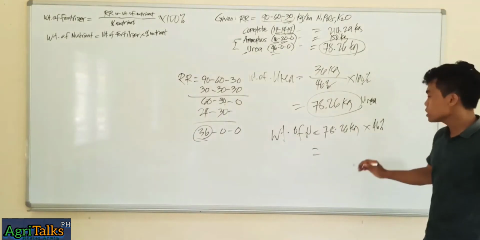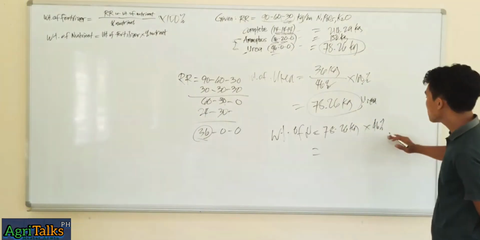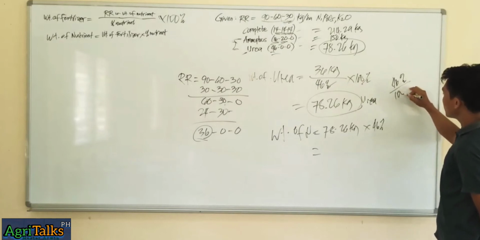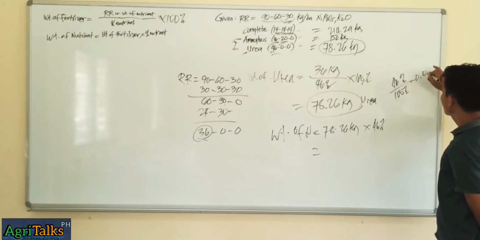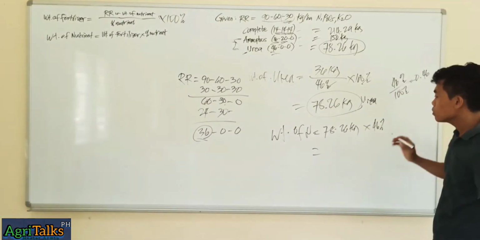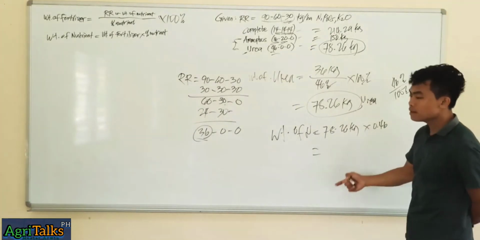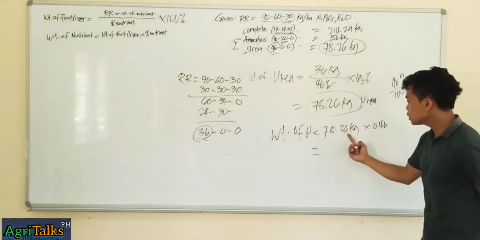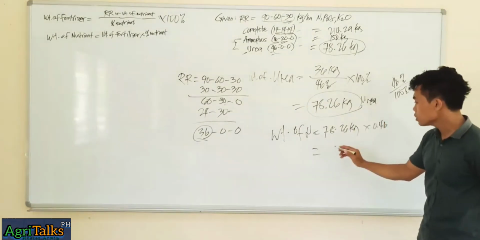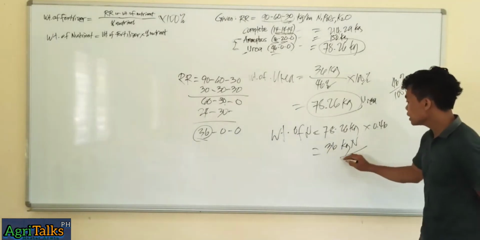Instead of using 46%, we will use the equivalent decimal of this number. 46% divided by 100% would be 0.46. So 78.26 kilograms times 0.46 would be 36 kilograms of nitrogen.